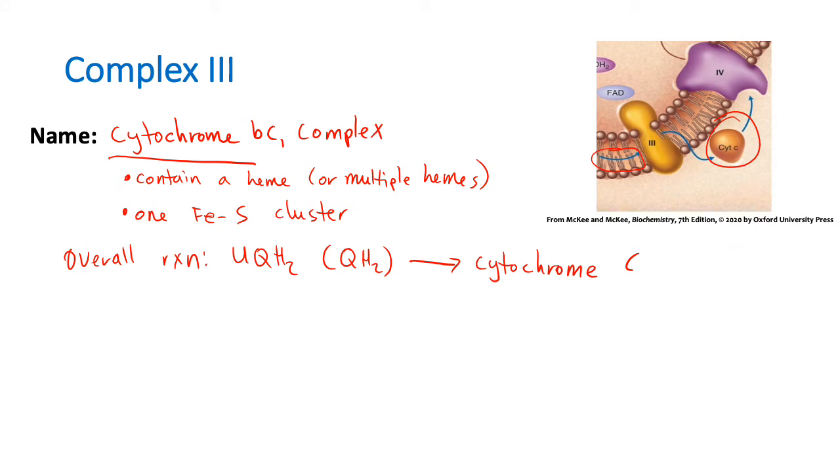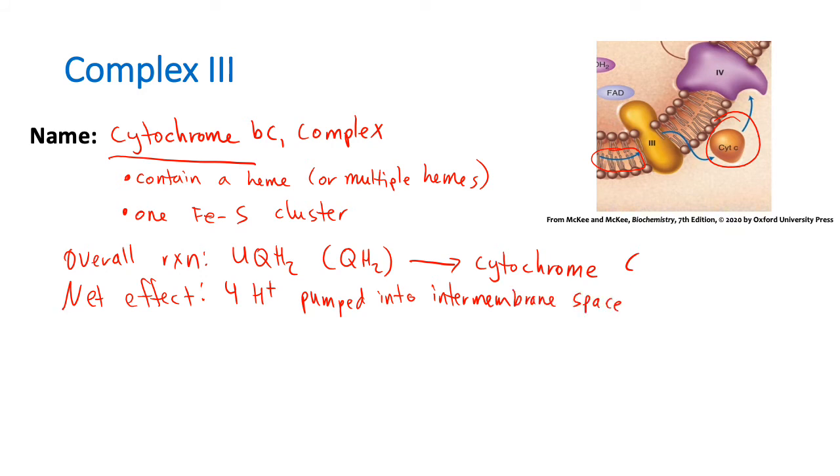And the net effect, you have 4 more protons pumped into intermembrane space. Pumped into intermembrane space. And you also have 2 electrons that are fed off into intermembrane space.